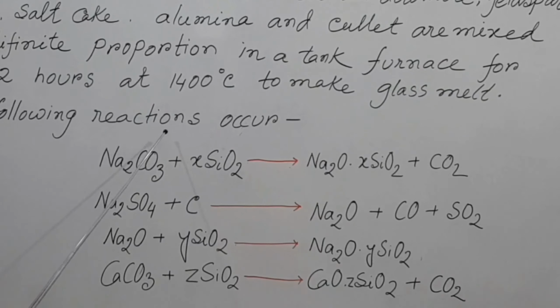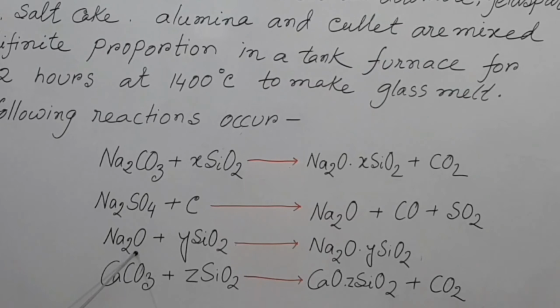The following reactions occur here. First, sodium carbonate reacts with sand, that means silicon dioxide, and produces a mixture of sodium oxide and silicon dioxide, and carbon dioxide. Sodium sulfate reacts with carbon and produces sodium oxide, carbon monoxide and sulfur dioxide.